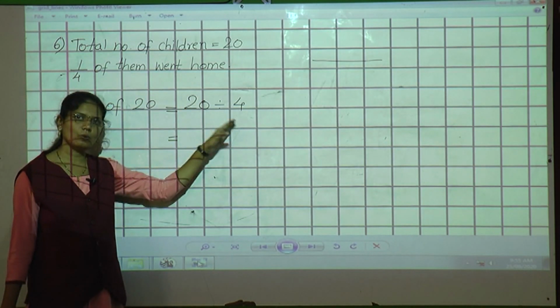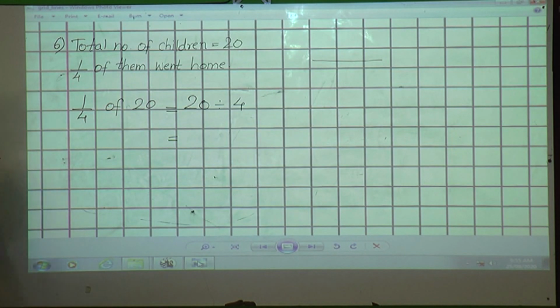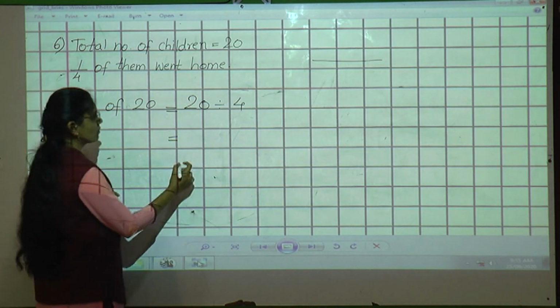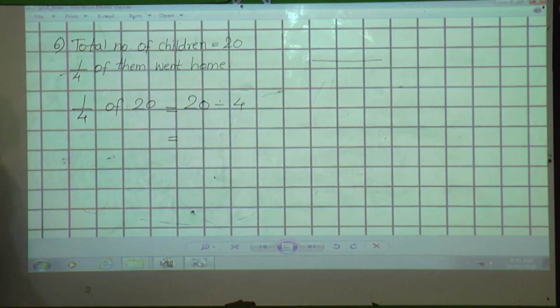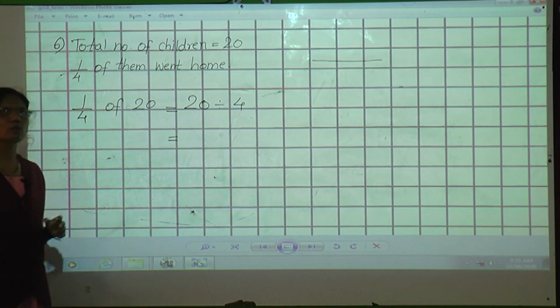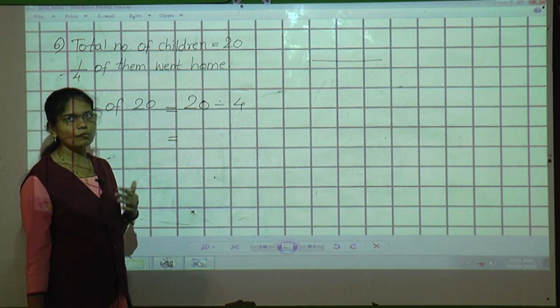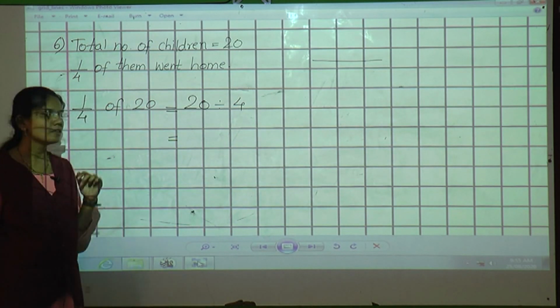Now, how will you solve this 20 by 4? In the division lesson, you have learned how to do the division. 20 by 4. Do the division and tell me the answer. Yes, 20 by 4 is equal to, yes, see the table of 4. 4 ones are 4, 4 twos are 8, 4 threes are 12, 4 fours are 16, 4 fives are 20.